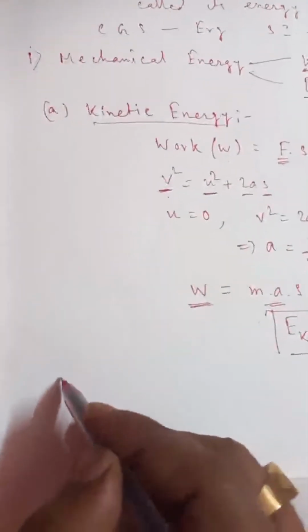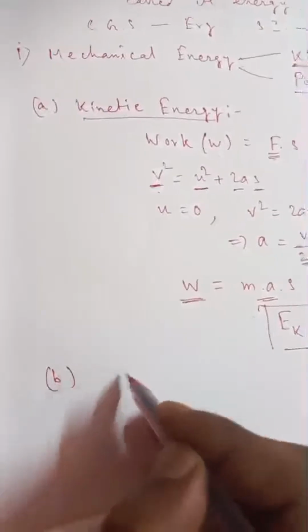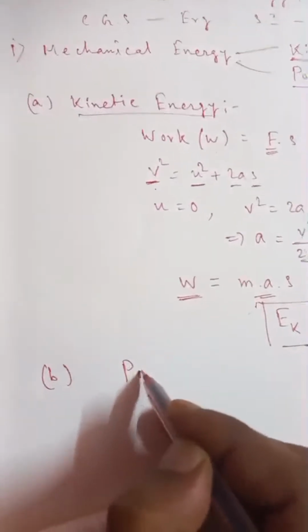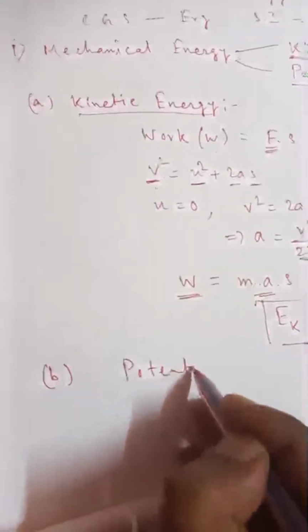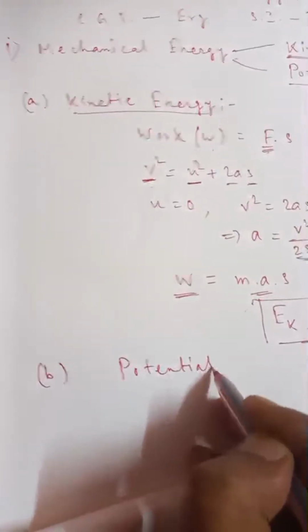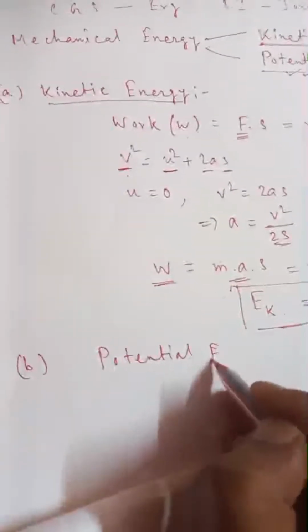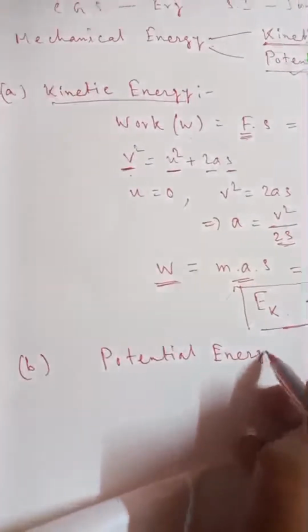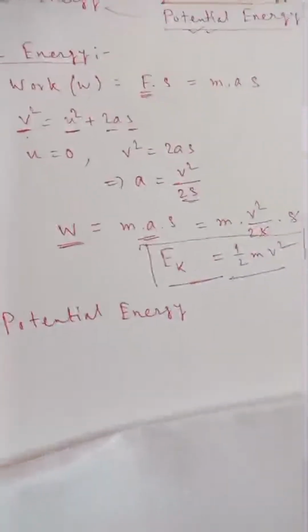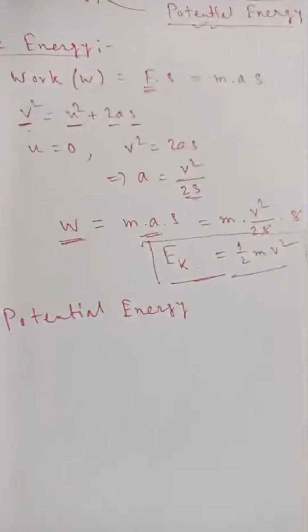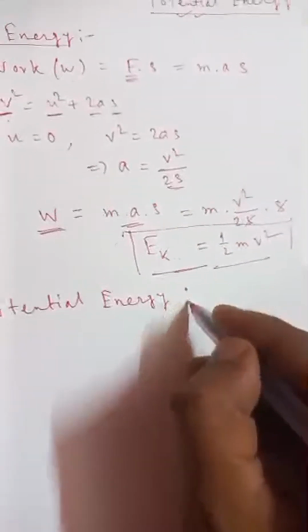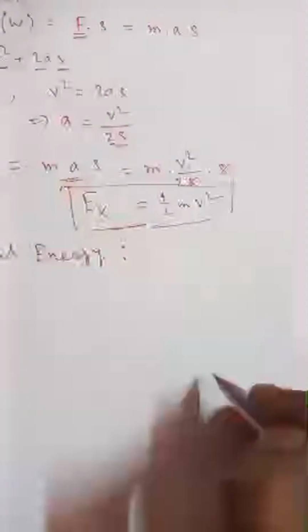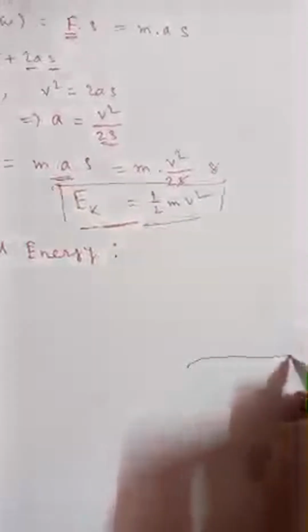Now, the numerical form of potential energy. Let me draw a particle. This is the Earth's surface.